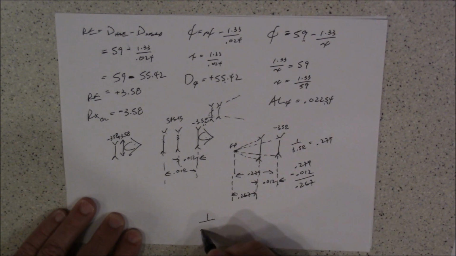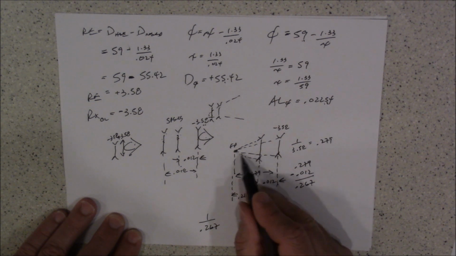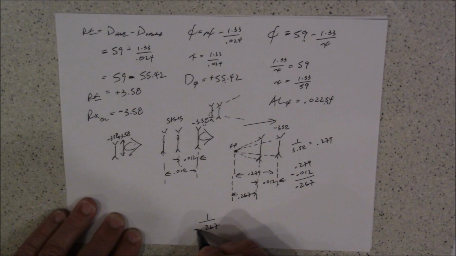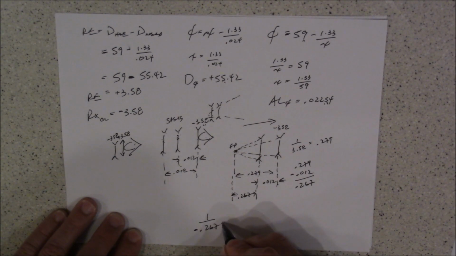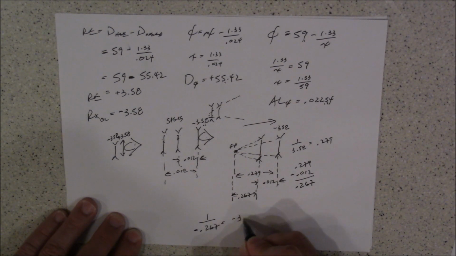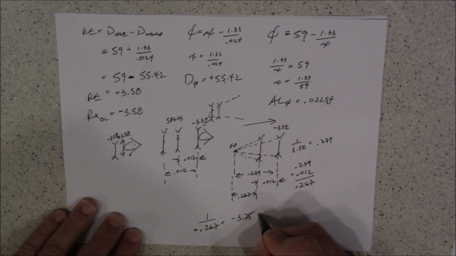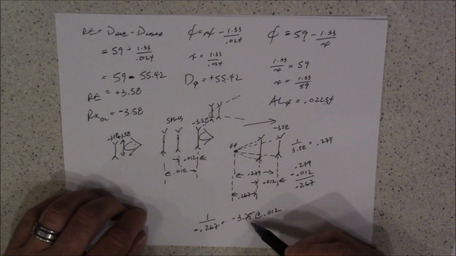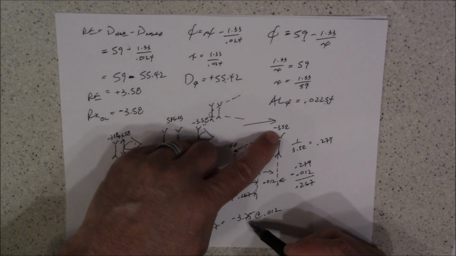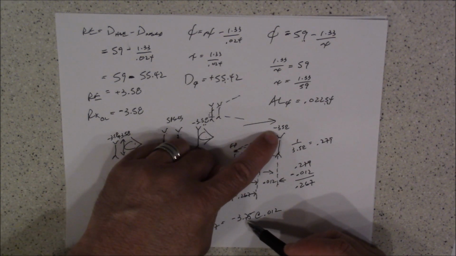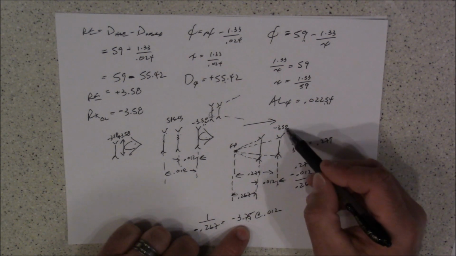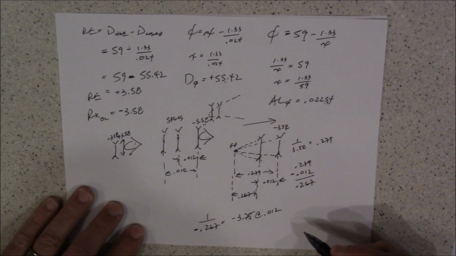Take the inverse of that, 0.267. Once again, I'm measuring from here to here against the path of light. That gives me a negative sign associated with that, and that gives me a 3.75. And then again, that's at the 12 millimeter vertex distance. We said it had to be more than the 3.58, and so 3.75 is going to be more than 3.58.